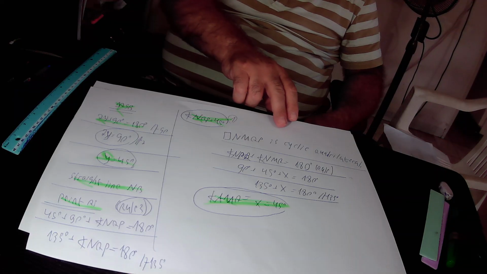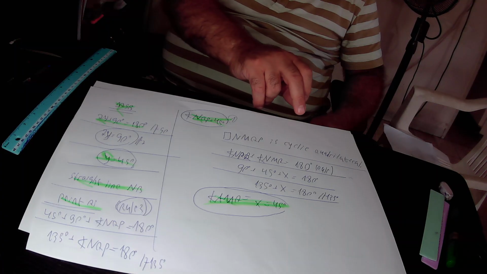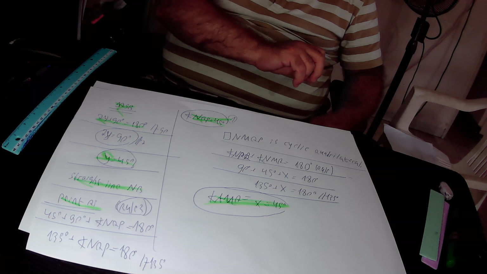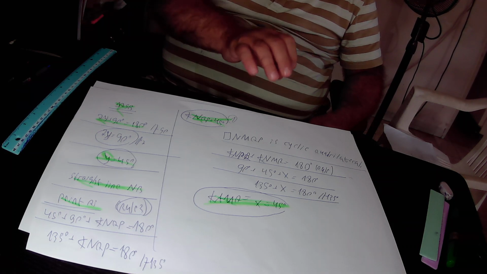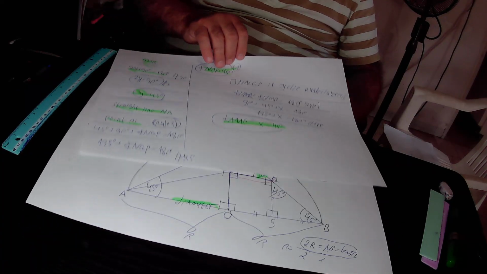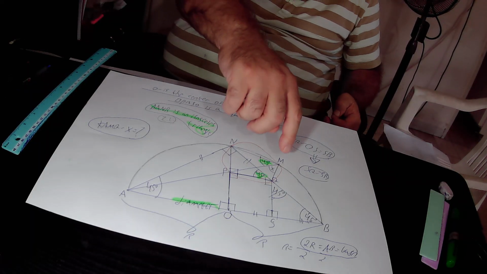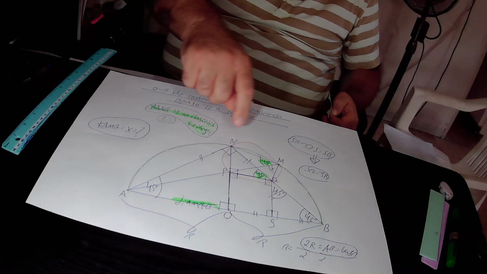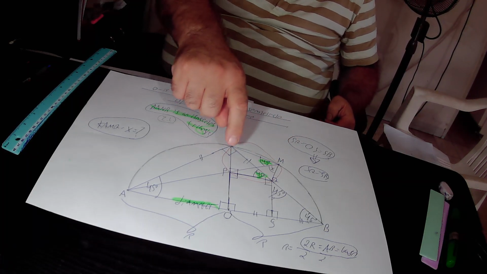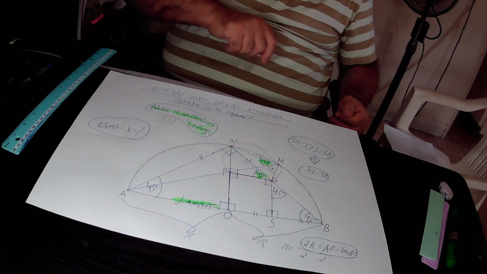So I block this quadrilateral NMQP by this red circle. All the four vertices N, M, Q, and P lie on this red circle, and therefore quadrilateral NMQP is inscribed by this red circle.